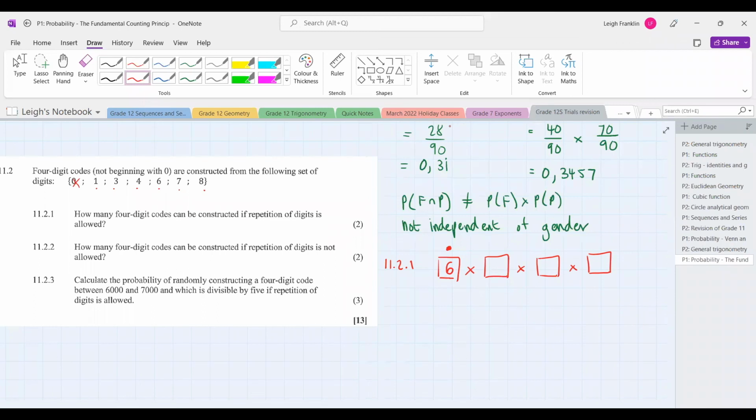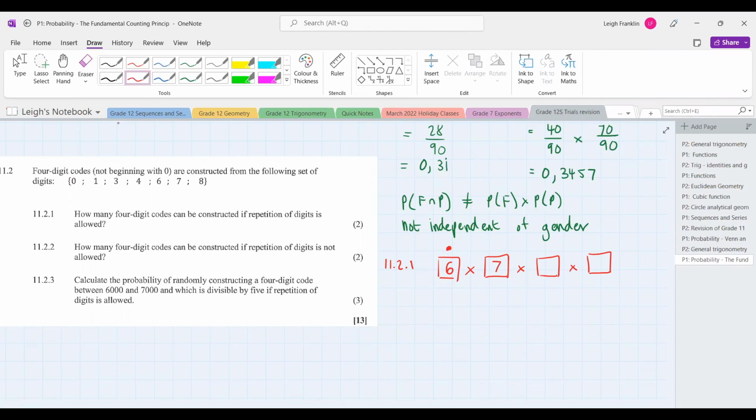The second digit can be a 0 now. In fact, it can be any one of these numbers because I'm allowed to repeat my digits. So now, including the 0, how many numbers have I got? I've got 7 numbers.